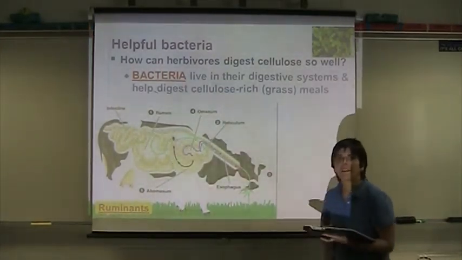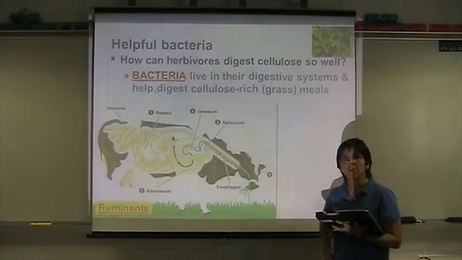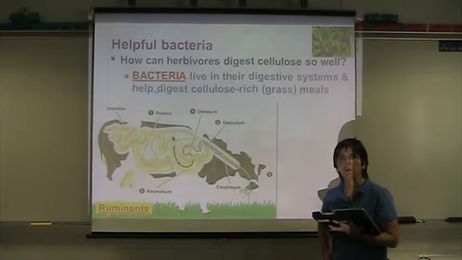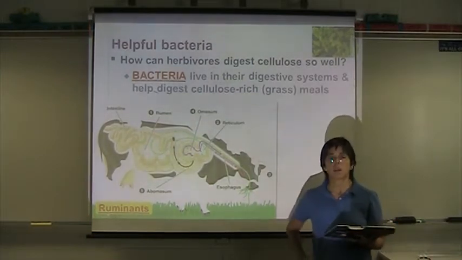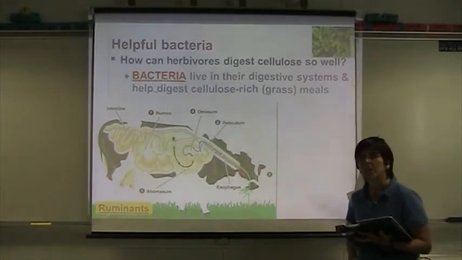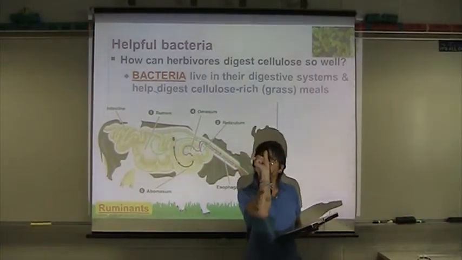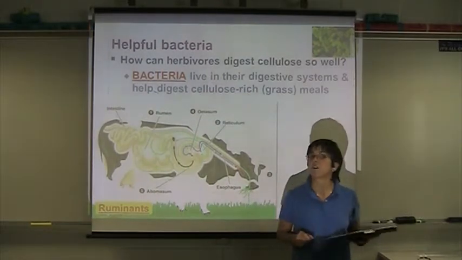Come on, think. It can keep on eating forever and ever, and it will die because it's going to starve to death, because it does not have the bacteria to break down that cellulose to be able to use those glucose monomers for energy.